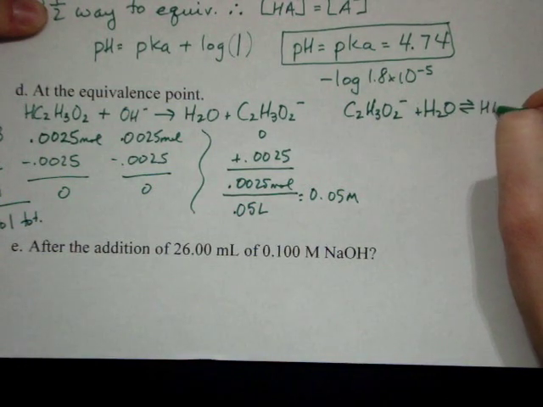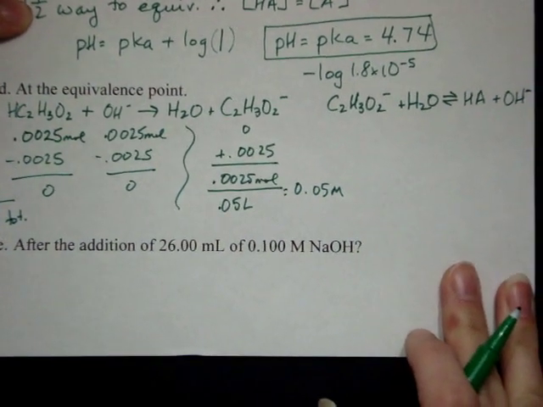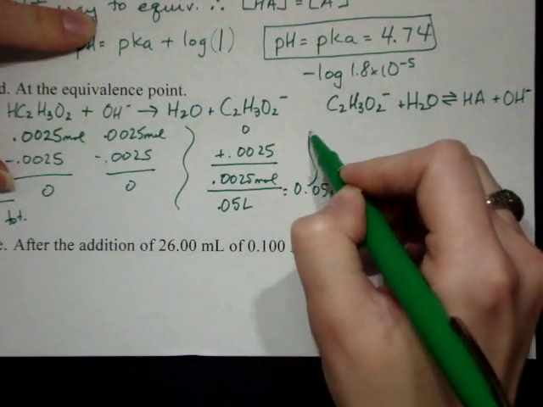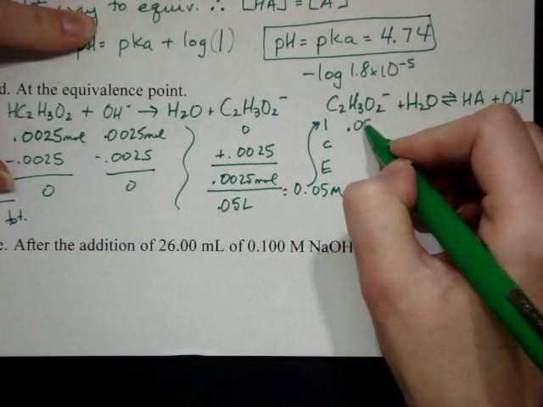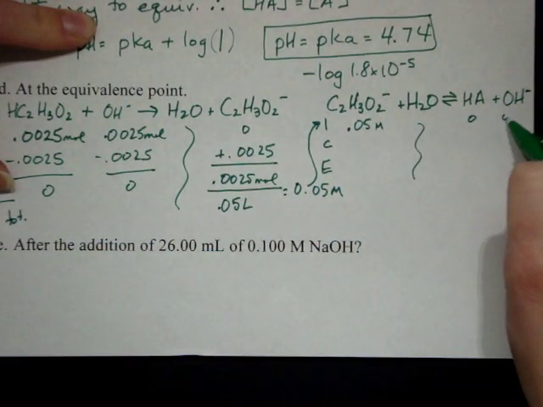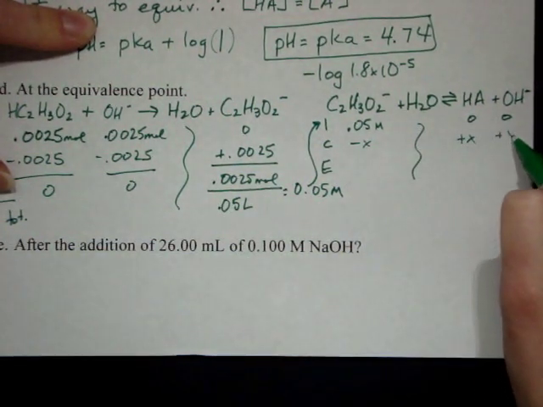And again, I'm just going to write HA because I'm out of space. Give me some hydroxide there. So I have from here, I plug in and I get 0.05 molar acetate. Don't care about water, nothing here. So minus X, and plus X.